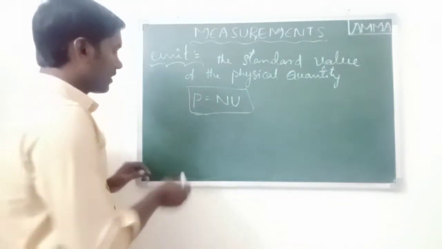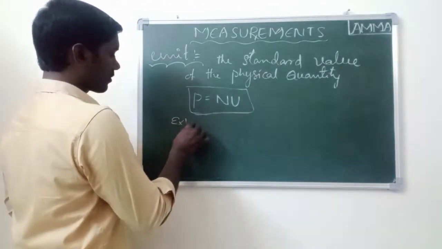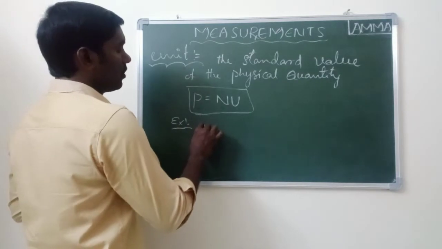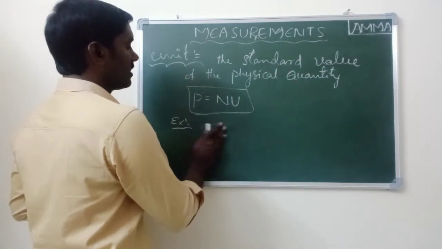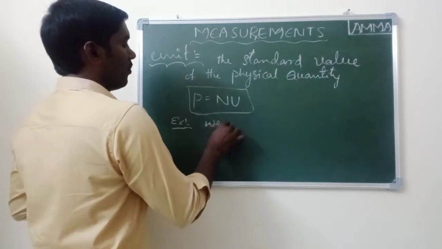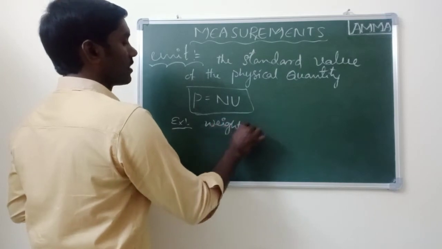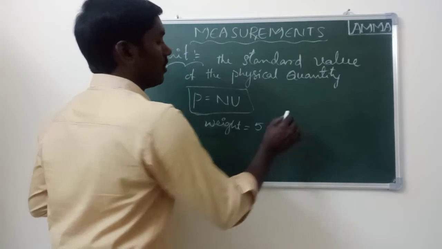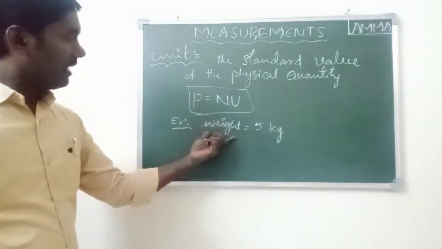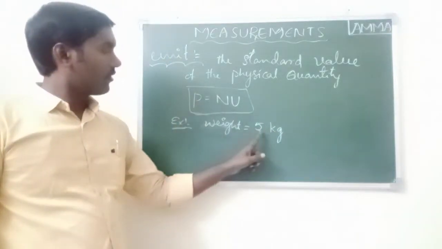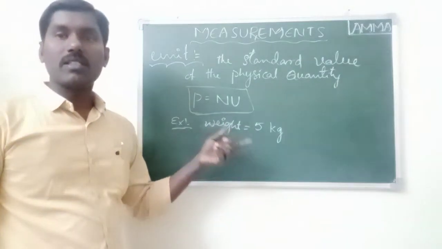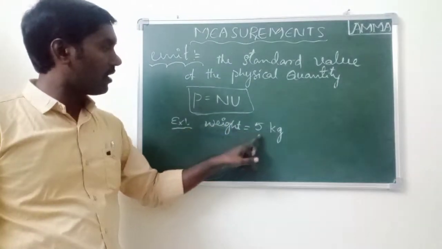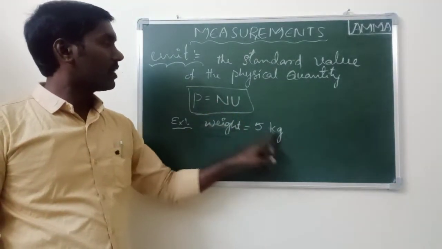So an example: suppose the weight of an object is 5 kilograms. Weight is the physical quantity, and 5 is the amount, meaning the size of the physical quantity. The number is here, and kilogram is the unit.